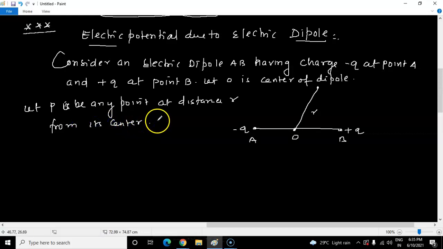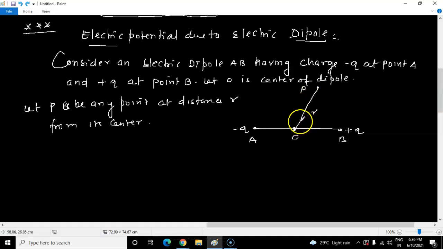So we have to find the electric potential due to the dipole, with charges plus Q and minus Q, at point P. Getting?